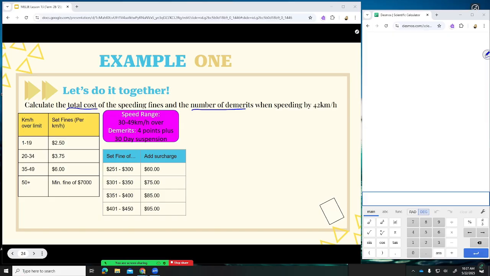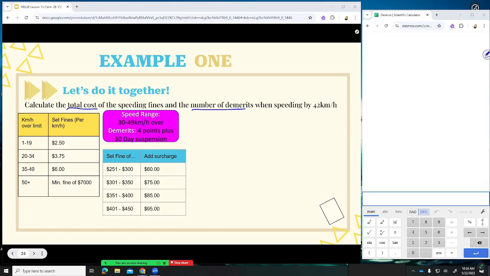So let's practice. Calculate the total cost of the speeding fines and the number of demerits when speeding by 42 kilometers per hour. That means that we went over the speed limit by 42 kilometers per hour. We first want to ask, where are we speeding?